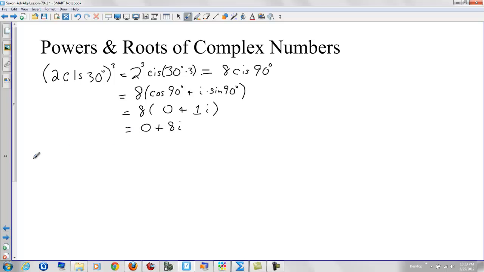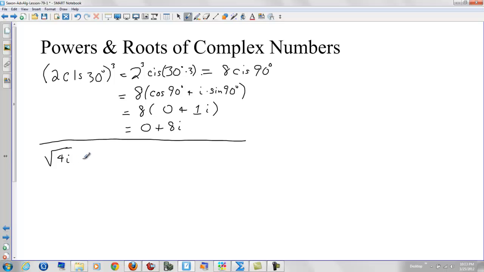In the second lesson, we're going to be dealing with roots. So if I wanted to take the square root of 4i, we certainly know how to take the square root of 4, so let's use 4i as an example.